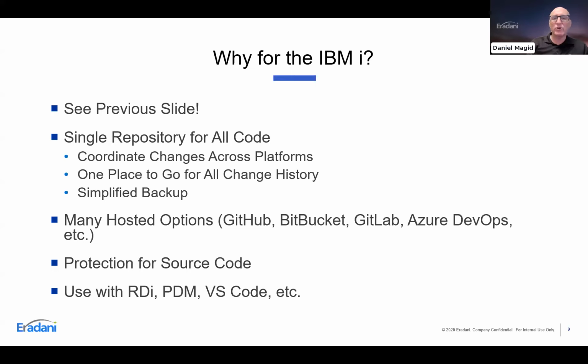It's all backed up for you, and it's secure in either the Microsoft data centers or in the Atlassian data centers or whoever happens to be hosting the thing that you're using. So you have this very protected environment for your source code. And the important thing is you have then the ability to access it via RDI, via PDM, Universe, whatever tools it is that you want to use for doing your development.